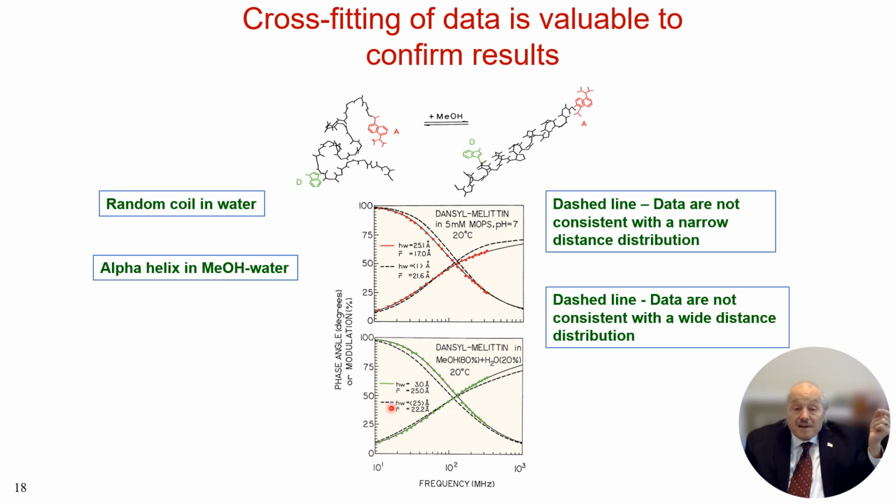And vice versa, we tried to fit the narrow distribution with the data from the wide distribution, and that didn't fit. So by this cross fit, we think we've better confirmed the results, maybe even stronger than calculating the chi-square.